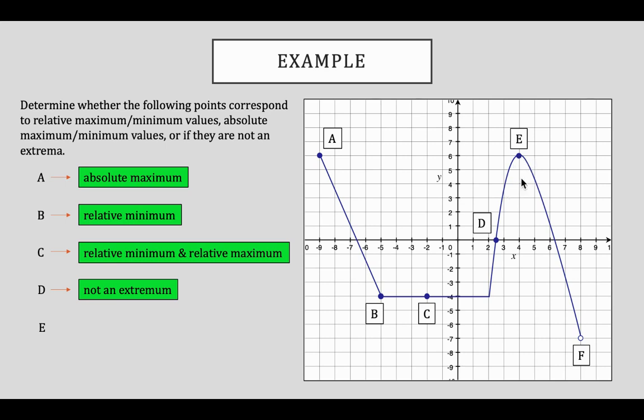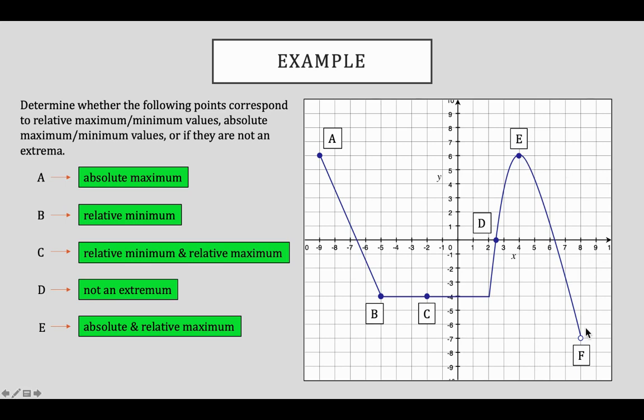At the same time, we can compare the y value of point E to points immediately to its left and immediately to its right. The y value of point E is greater than the y value of points immediately to the left and to the right, meaning that it is a relative maximum as well. Okay, point E is an absolute max and a relative max.